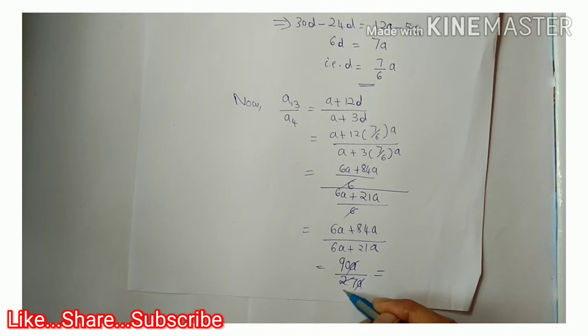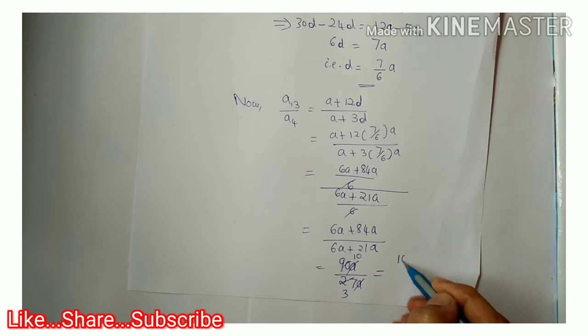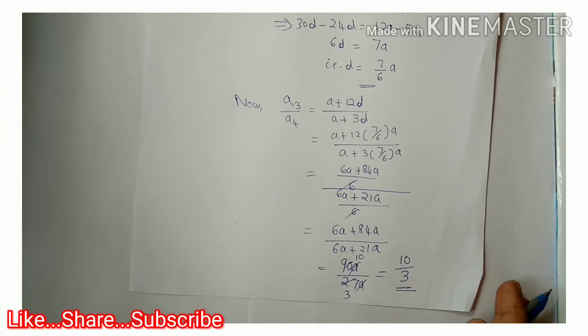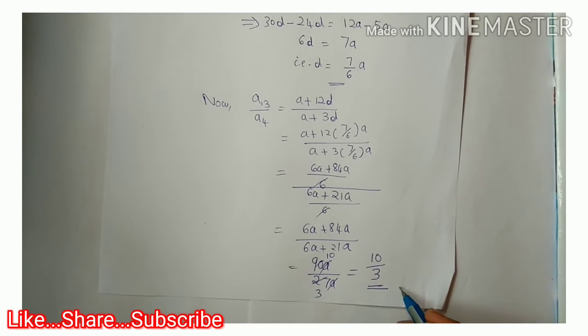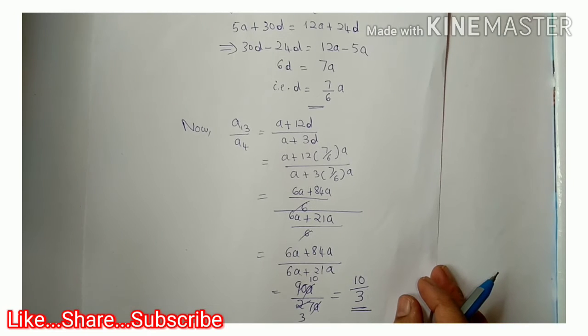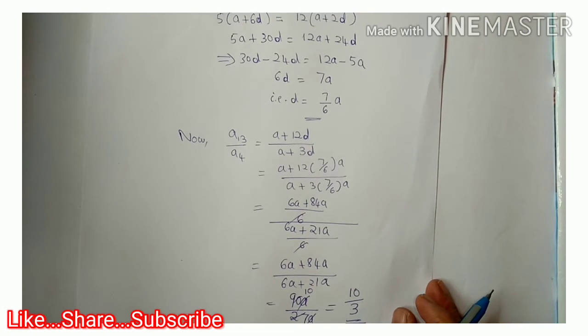Or 9 3s are 27, 9 10s are 90, 10 by 3. The ratio of 13th to 4th term is 10:3.